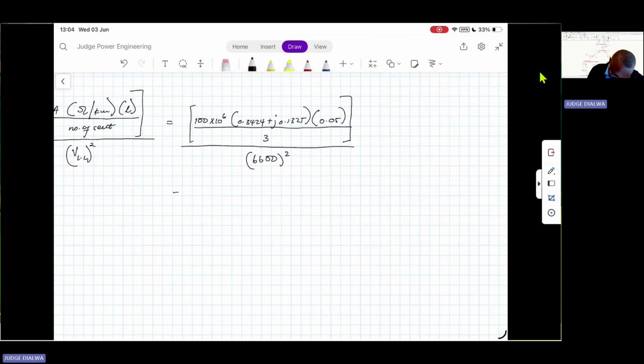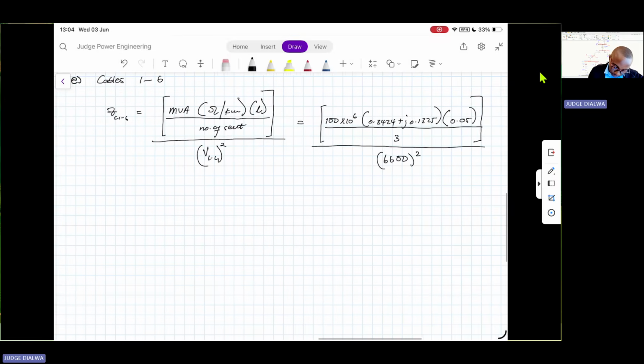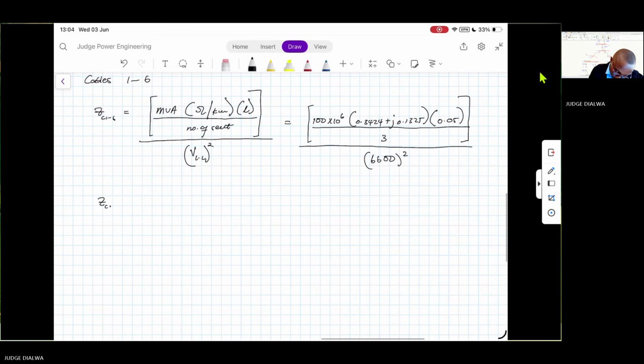And that should give us the equivalent impedance of our cables C1 to C6. When you compute that, that should give you 0.0131 plus j0.0051.